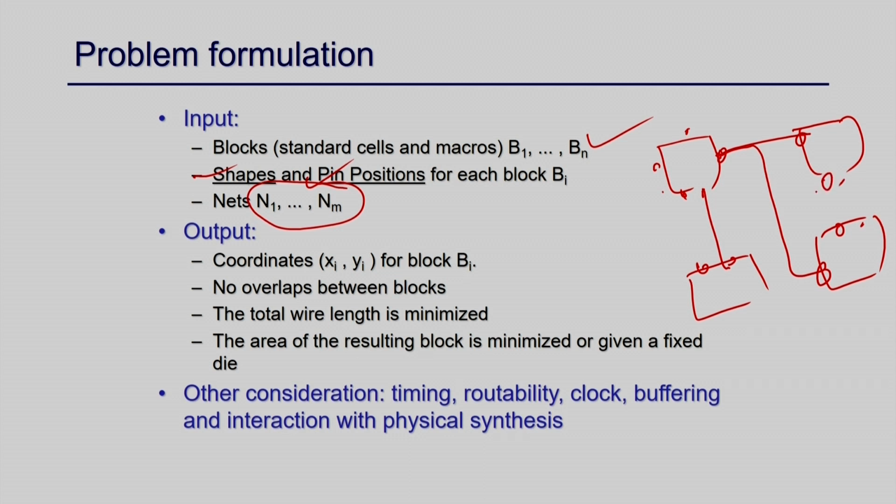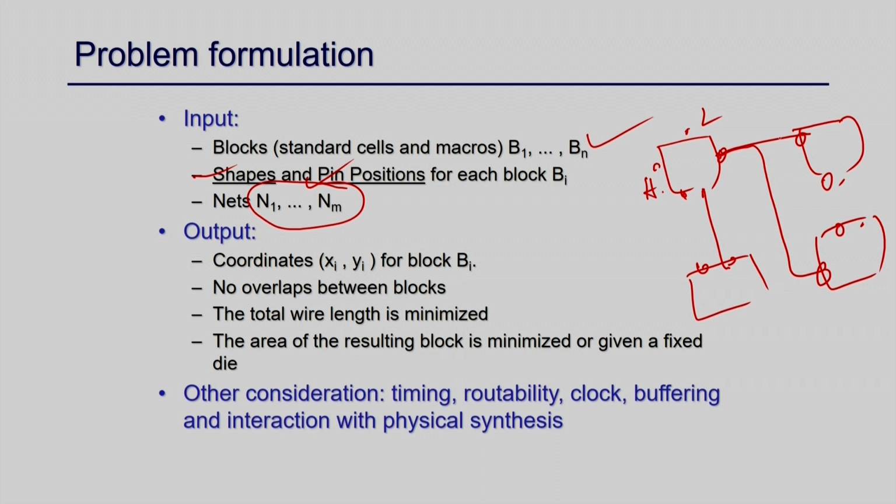So, these are all the inputs: all blocks, their pin configuration, their exact shape, the height and width for each block, because the size is already fixed by the floor planning, and all the nets, exactly where the connections are, given, right.